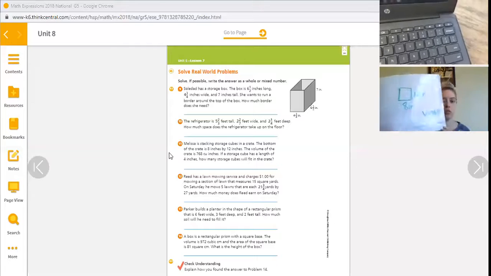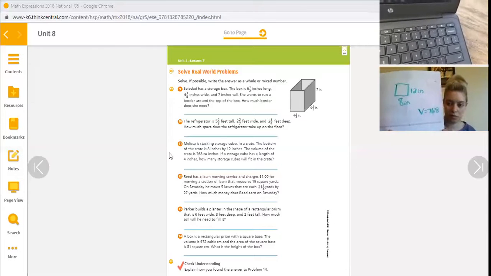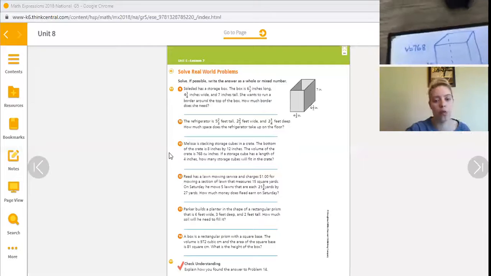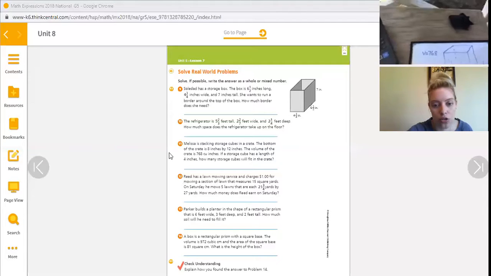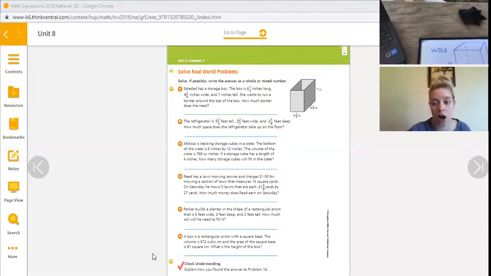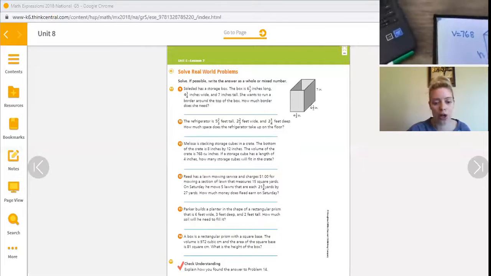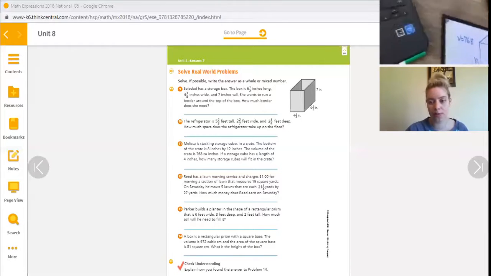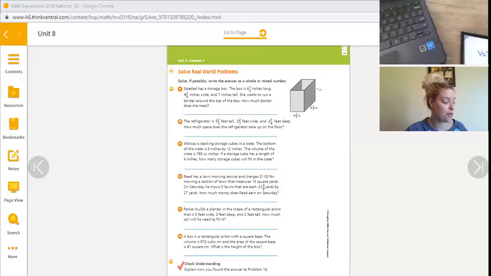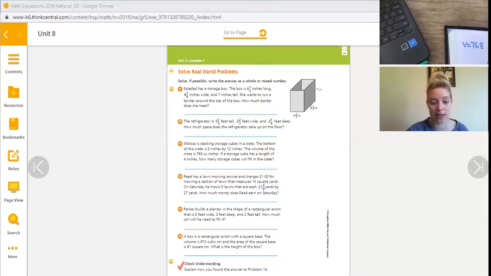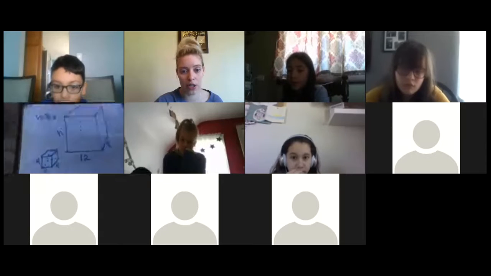All right, so we're talking about cubes, okay? And I talked about cubes in the other lesson that I did. Cubes are made up of two-dimensional shapes called squares. So if the bottom length of this cube is 4, what are all the rest of the lengths of this cube going to be? The bottom is 4 and it's a cube.